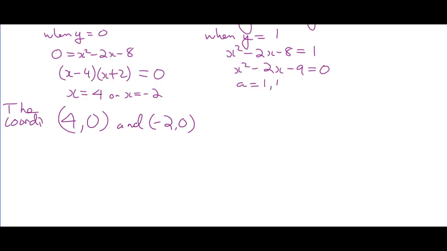I like to list my a's, b's, and c's. I know that this does have two distinct real roots, so there are solutions to this, right? If there's no solution, you don't necessarily need to go into the quadratic formula. You can just say the discriminant is negative, work out b squared minus 4ac, say it's negative, so no roots, right?